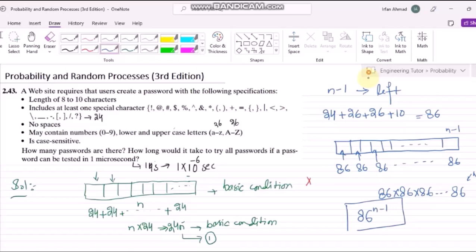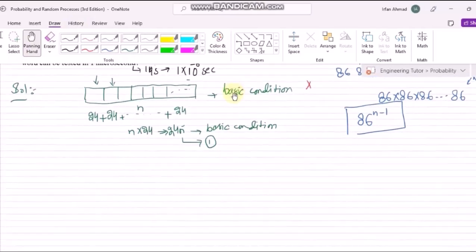Now the basic condition is here for the nth character, and this is for the n minus 1 characters. So here with this 24n into 86^(n-1), I will have passwords for n characters.